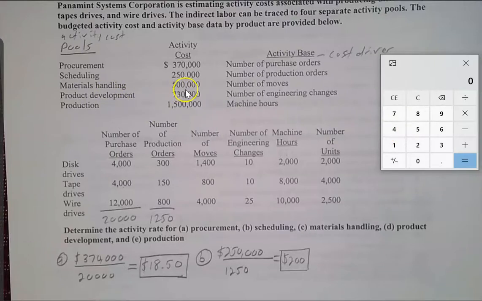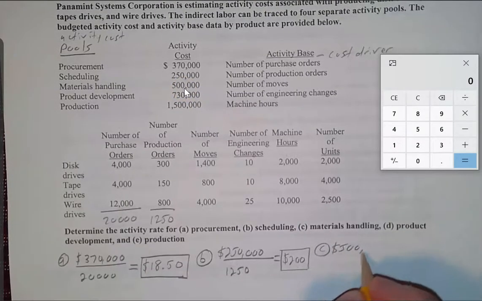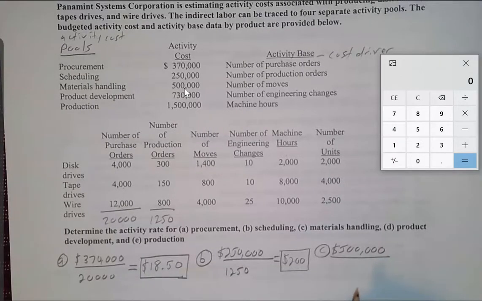Materials handling is $500,000, and the cost driver or activity base is number of moves, and we've got, let's see, how many do we have? We have 1,400 for disk drives plus 800 for tape drives plus 4,000 equals 6,200.